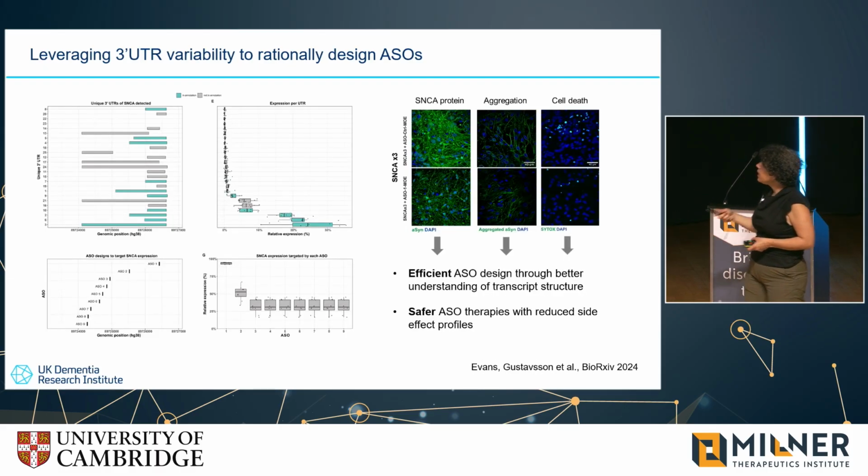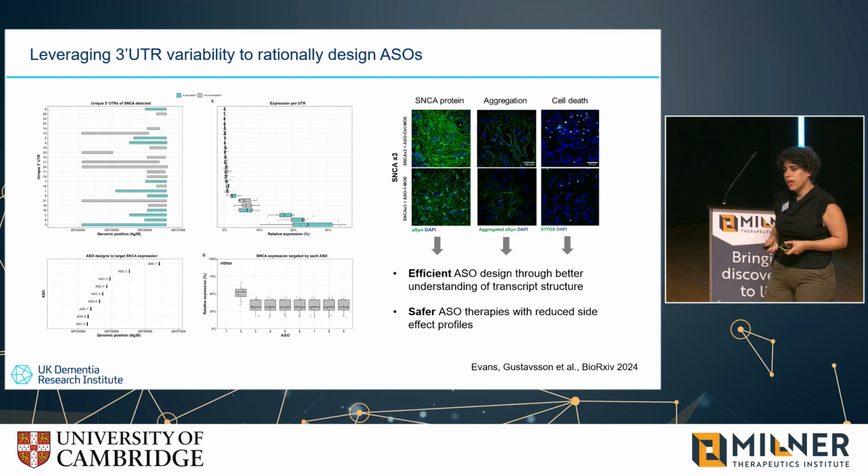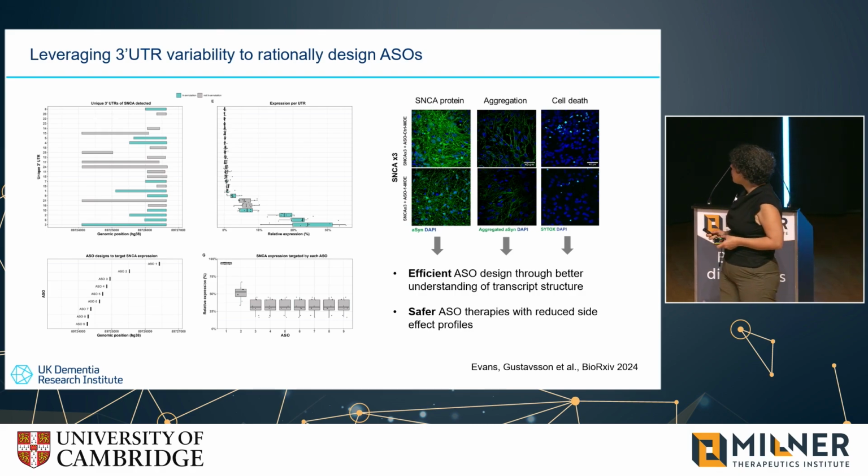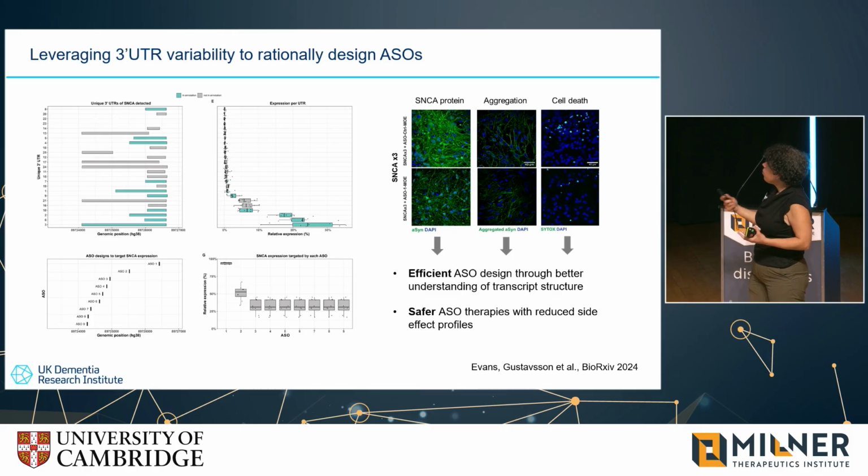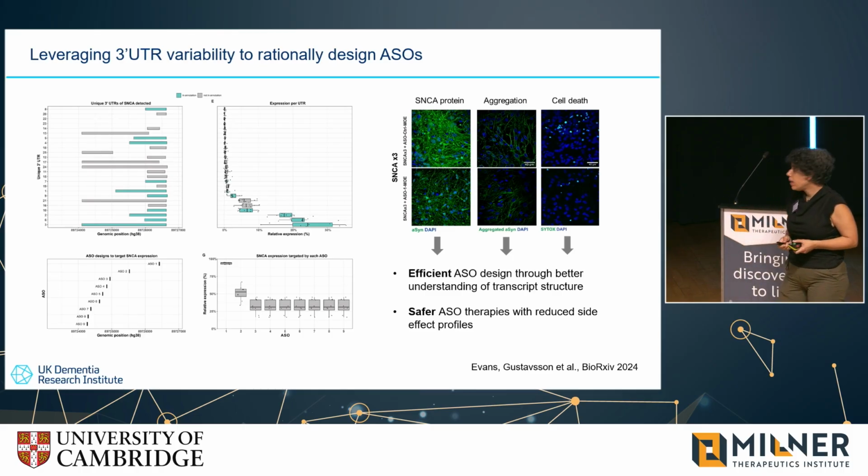Because you might argue that depending on where you put your ASO, you'd be targeting a different range of transcripts. And indeed, that's what we showed here: we did ASO designs across that whole 3' UTR space. We then looked at the relative impact of those different ASOs, numbered 1 to 9, on lowering SNCA transcript levels. From this, we can see that ASO1 is our most useful ASO.